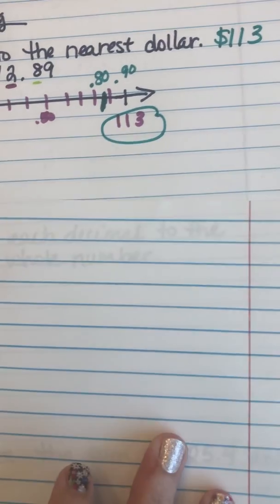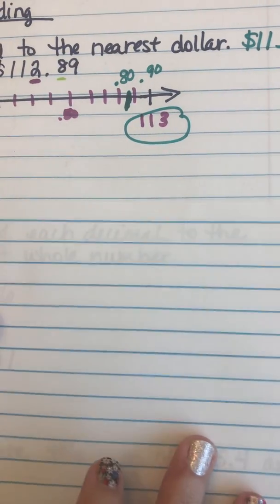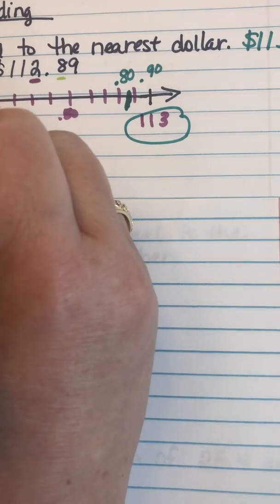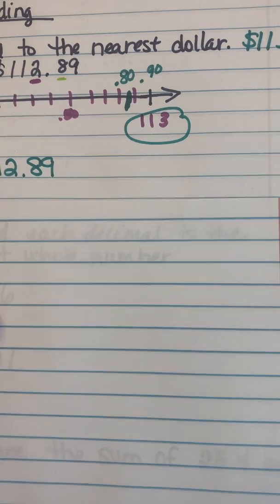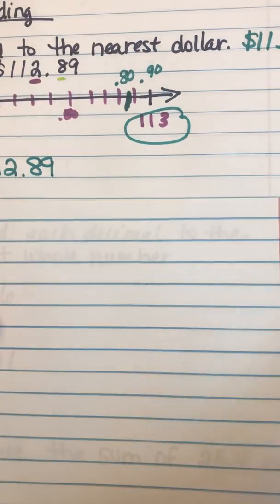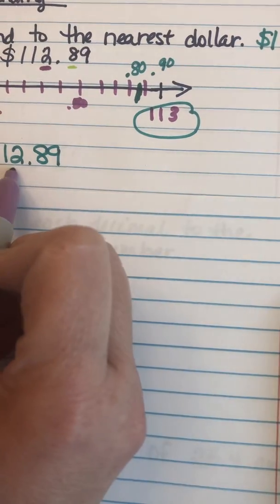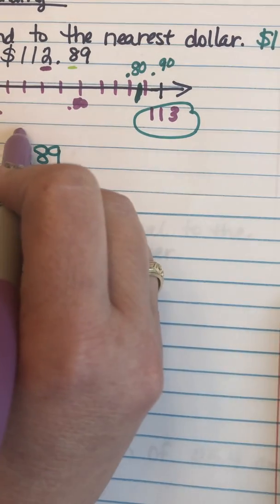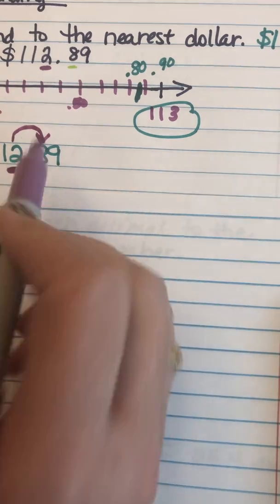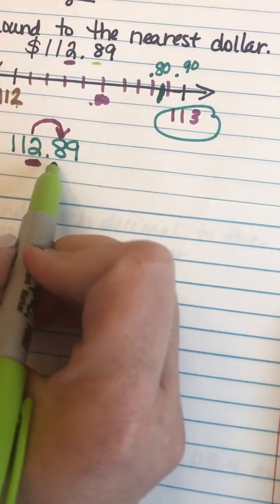The other way to do this problem is to look at the digits 112.89 and know that I'm rounding to my nearest dollar. This again is my dollar. Then I have to look to the right to my 8.